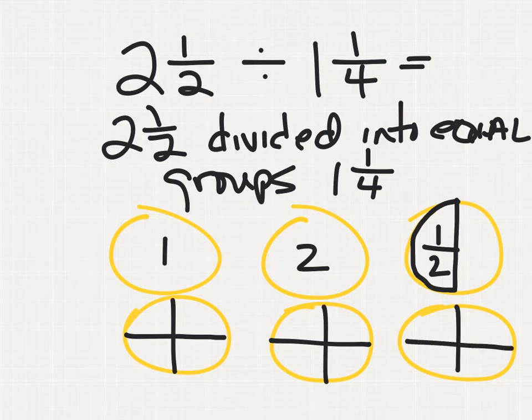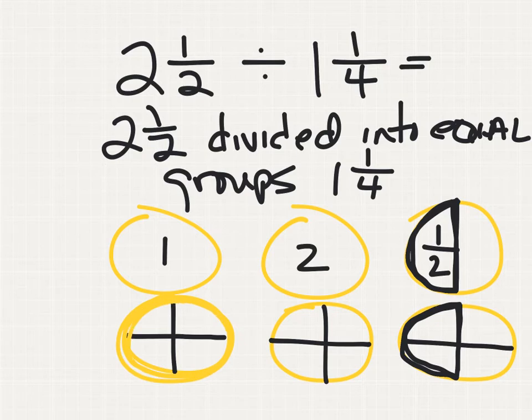And we agree that this half is the same as this half. So the bottom picture and the top picture are the same picture. I need a group of 1 1/4. So we agree, here's 1 and here's a 4th. So that's a group.